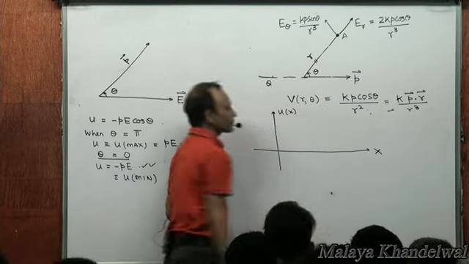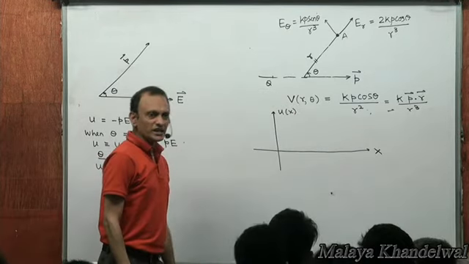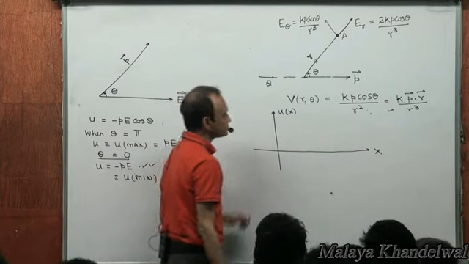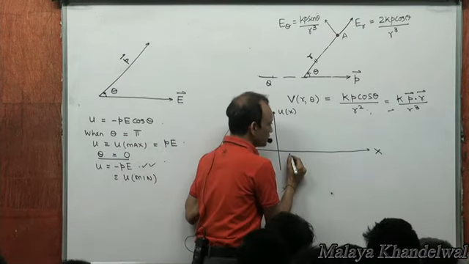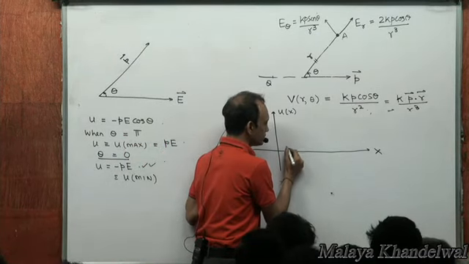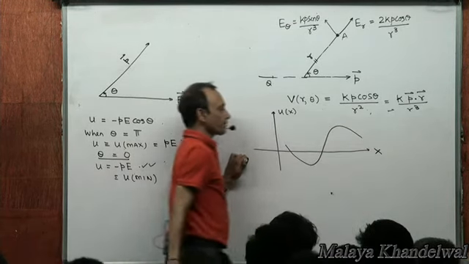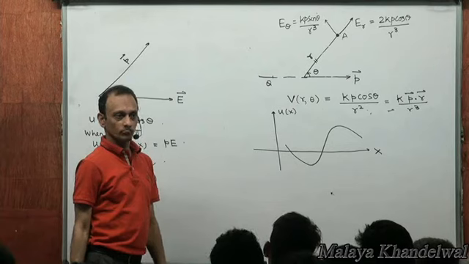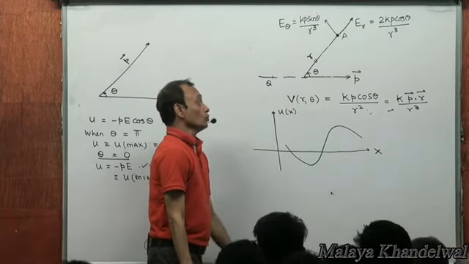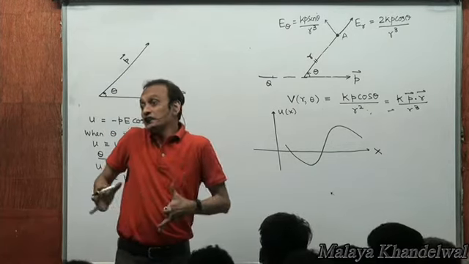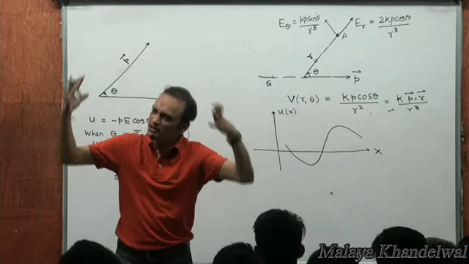Suppose its potential energy versus x is like this. That's how its potential energy varies in the x direction for a generalized particle.